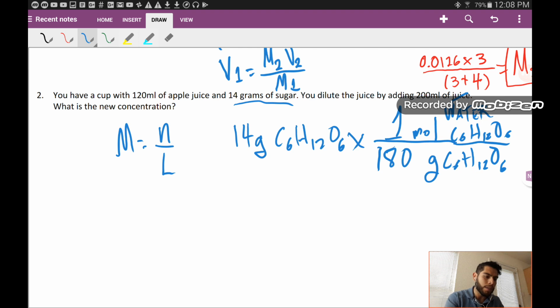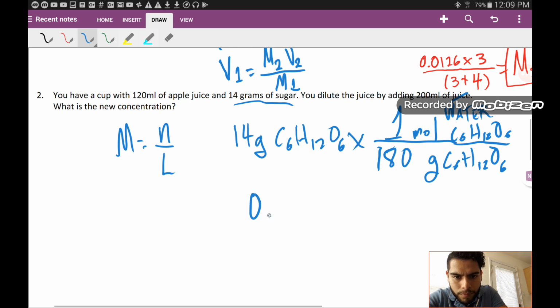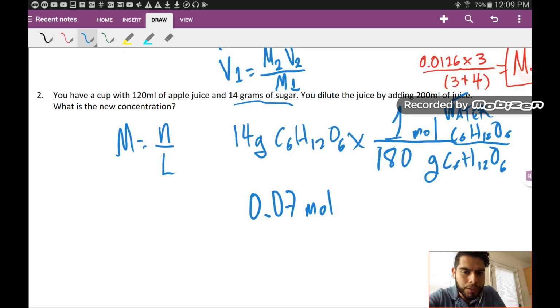So we can calculate our number of moles. Let's do 14 divided by 180. That's going to give us 0.077 moles of sugar.